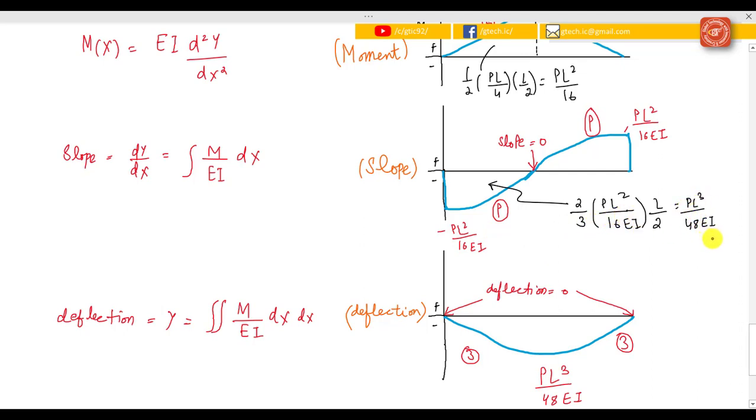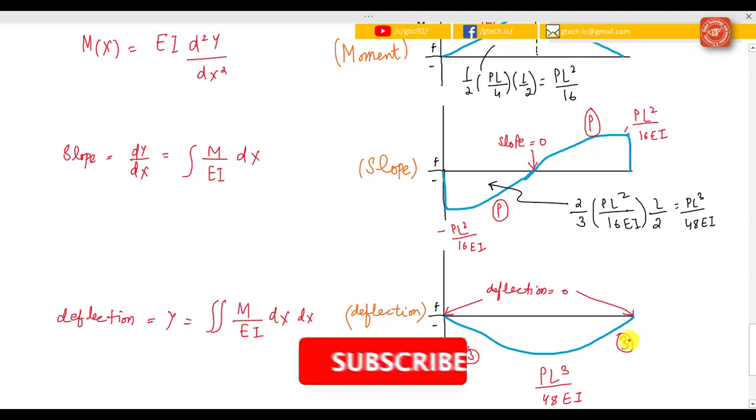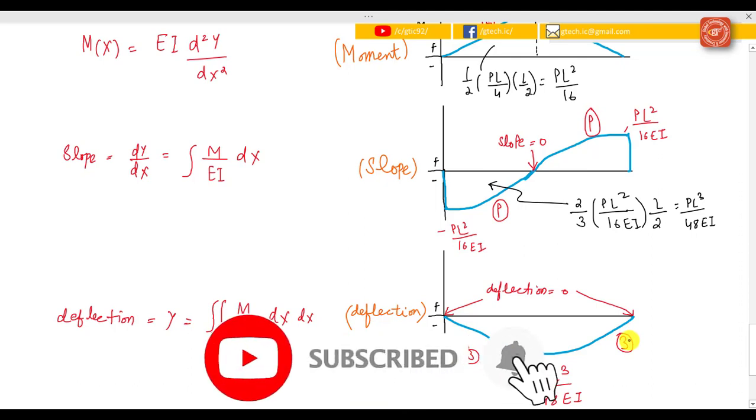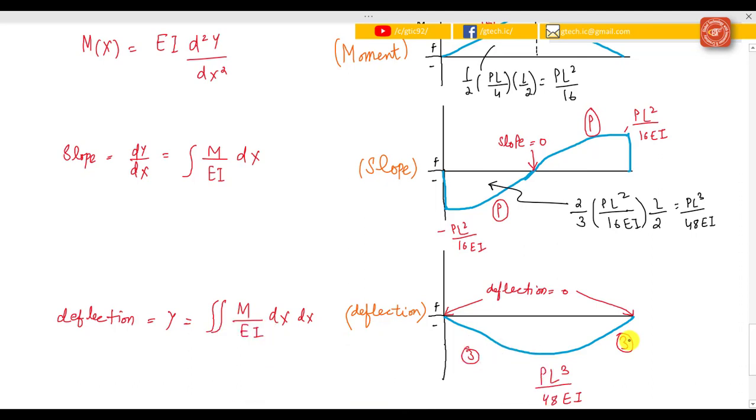As far as deflection is concerned, we know that the deflection starts off at 0 on the left hand side and 0 on the right hand side. So its slope is going to be negative, and it's going to change down to a value of minus PL cubed over 48 EI.